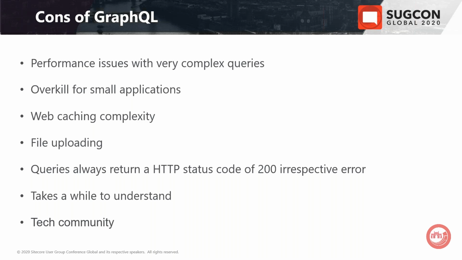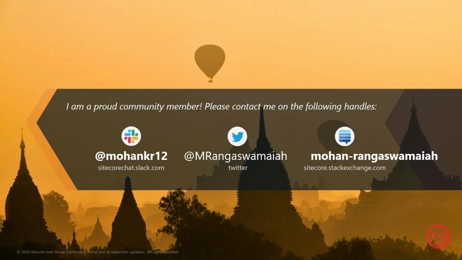Web caching complexity: we need to go with Apollo Client, and even for file uploading we need to go with Apollo GraphQL. A query always returns HTTP 200. We saw that: irrespective of success or not, it returns a success code. It takes a while to understand a bit; the community is growing, and as soon as we get into usage, we'll probably understand that more. Those are the cons which I have.